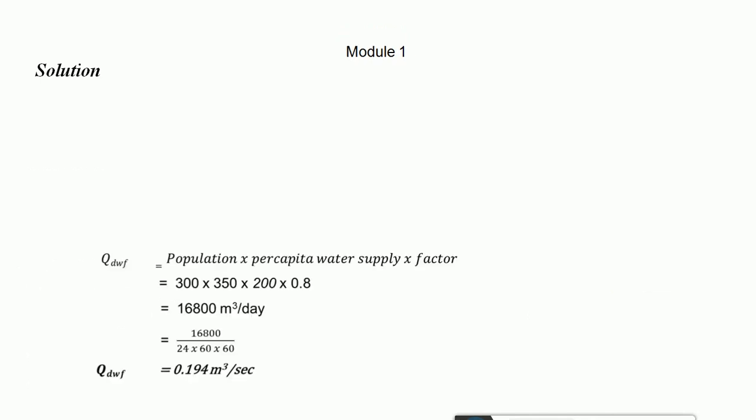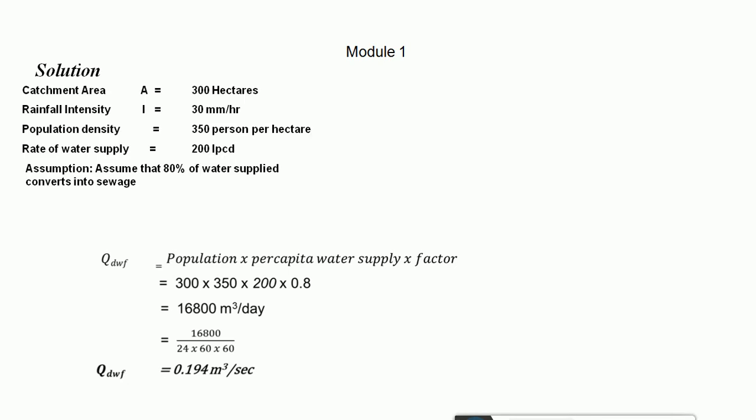Now we have to find the quantity of dry weather flow. This is the data given. The total drainage area is 300 hectares, and the population is not given directly; it is given as 350 persons per hectare. So we multiply 350 by 300 to obtain the total population, into the rate of water supply, which is 200.